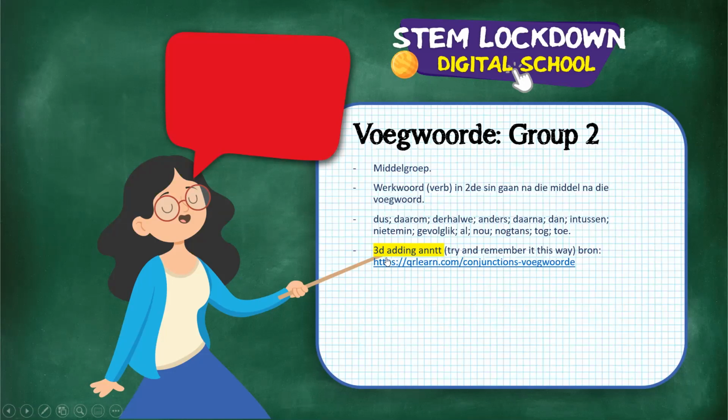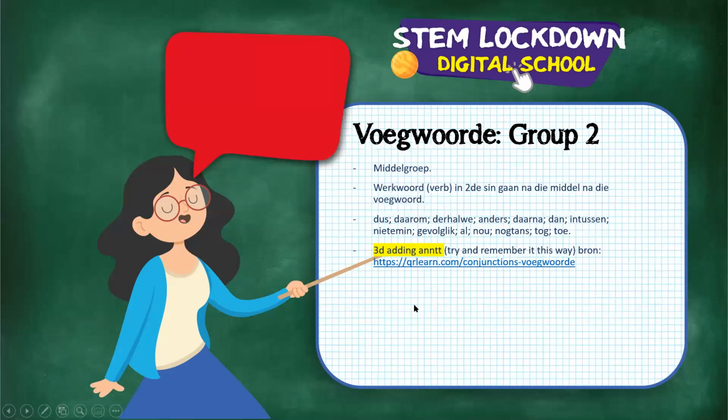So there is a little rhyme, 3 D's adding ant, long ant, 2 N's, 2 T's, and there you'll see 3 would be dus, daarom, derhalve, anders, daarna, dan, intussen, nietemin, gevolglik, al, nou, nogtans, toch, and to.